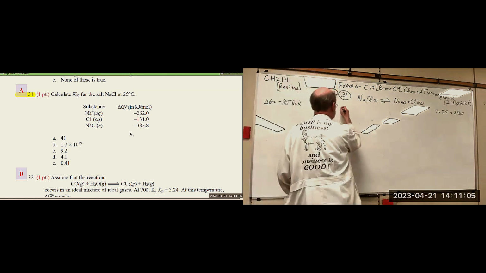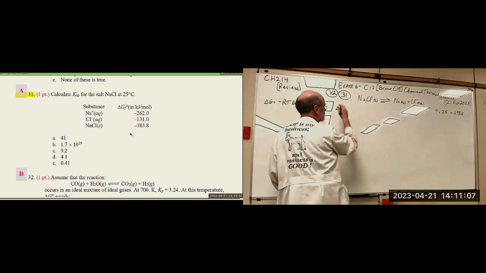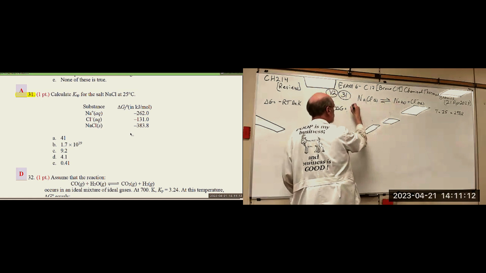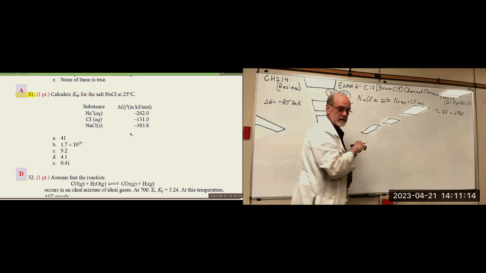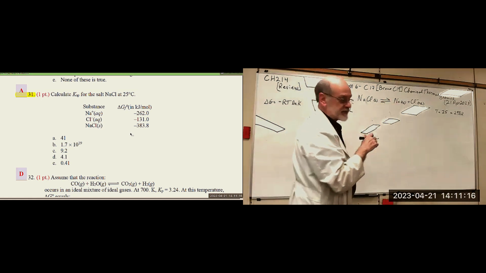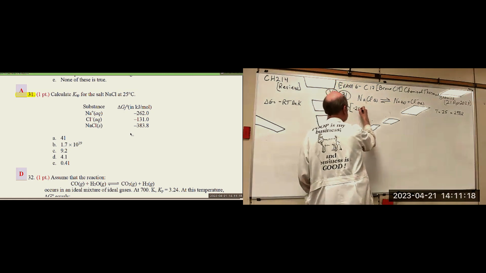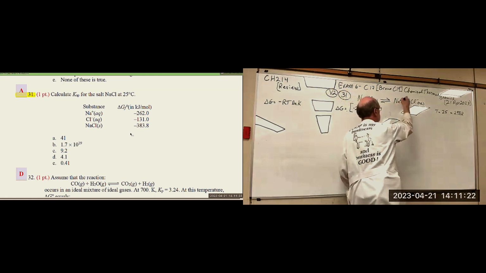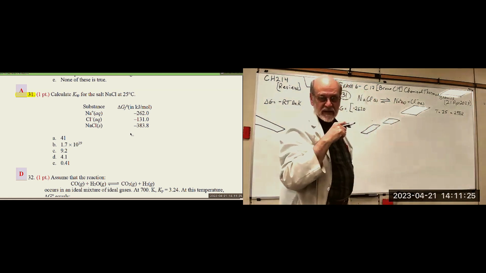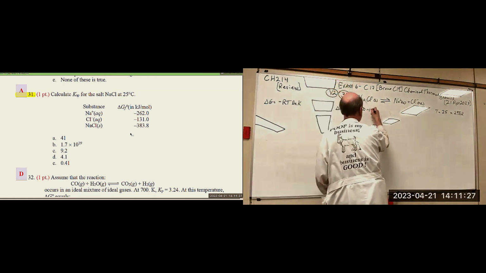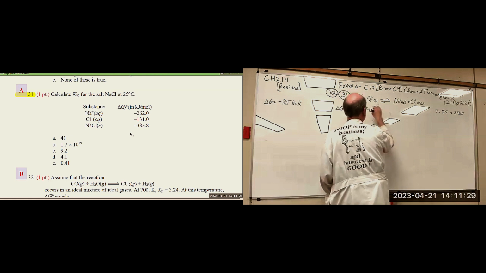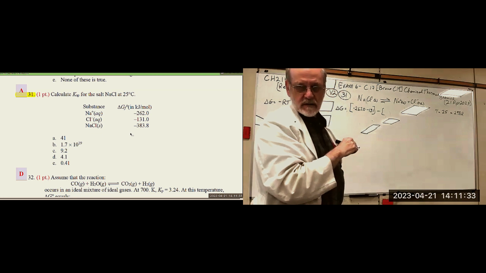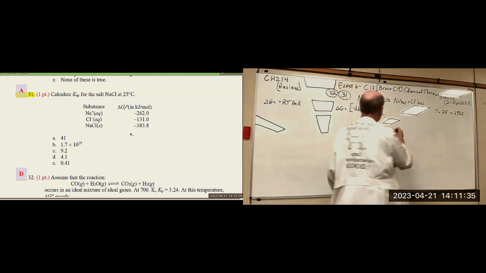I calculate the delta G equals the delta G's for those. For sodium is minus 262. And then chloride is minus 131. And then minus this one. Sodium chloride is minus 383.8.